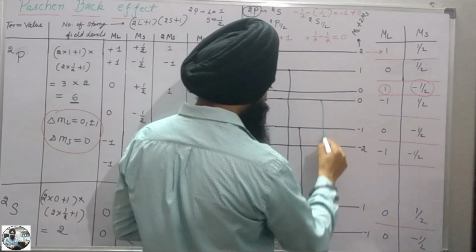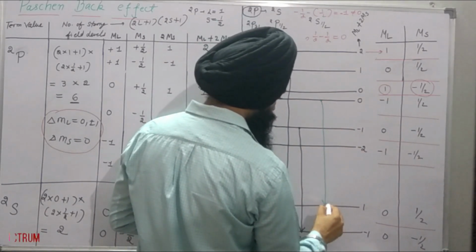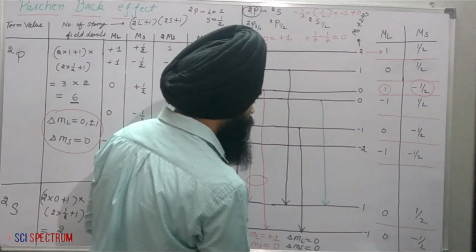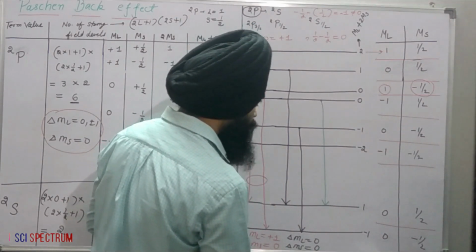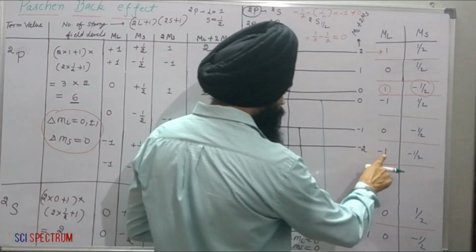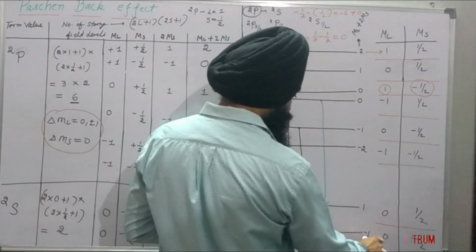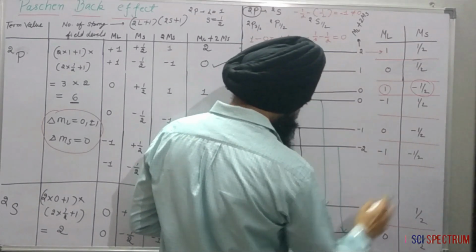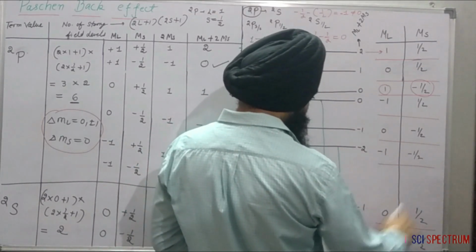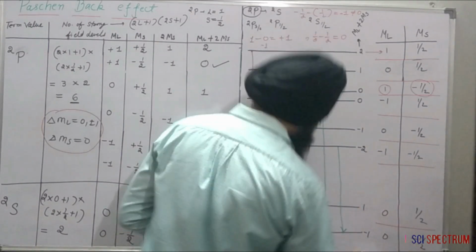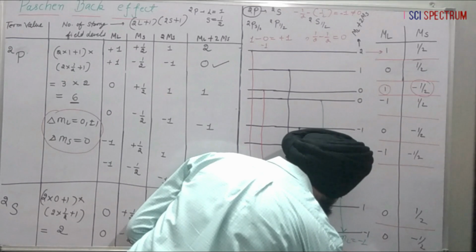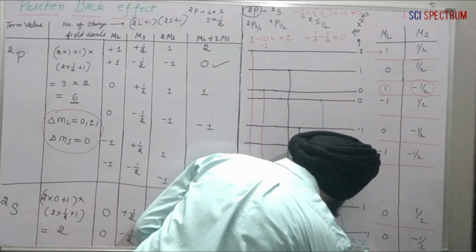Minus 1 to 0. Let us see if other transition is possible. Yes, minus 1 to 0, and delta ms is 0. So here delta ml is equal to minus 1, delta ms is equal to 0.